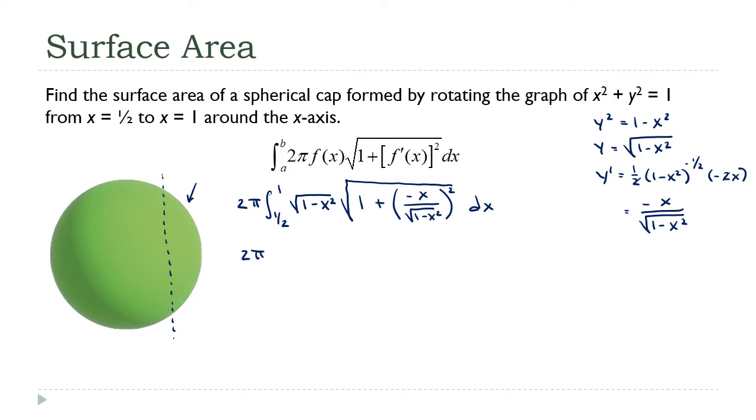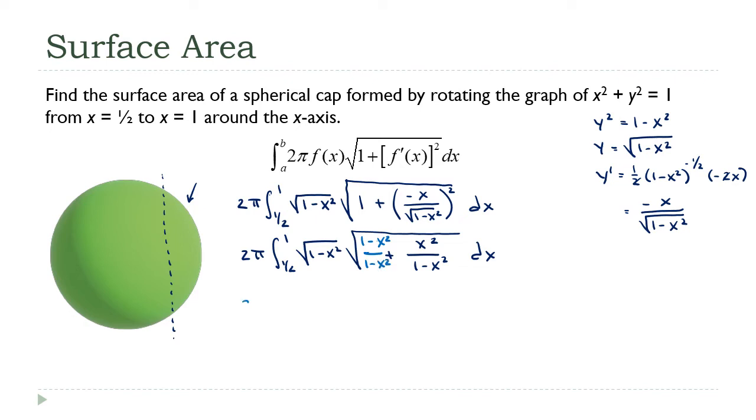Okay, so now we've got some algebra to do here, some simplifying of this thing. This is 2 pi integral 1/2 to 1 square root of 1 minus x squared times the square root of, let's simplify the square first, 1 plus x squared over 1 minus x squared, dx. The square root is gone, and that's going to be positive now. And then I'm going to need a common denominator here so I can add these things together and make it one fraction: 1 minus x squared over 1 minus x squared.